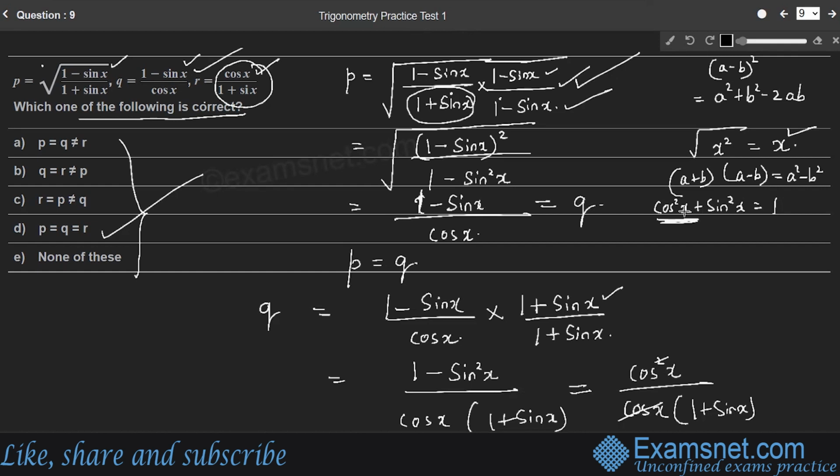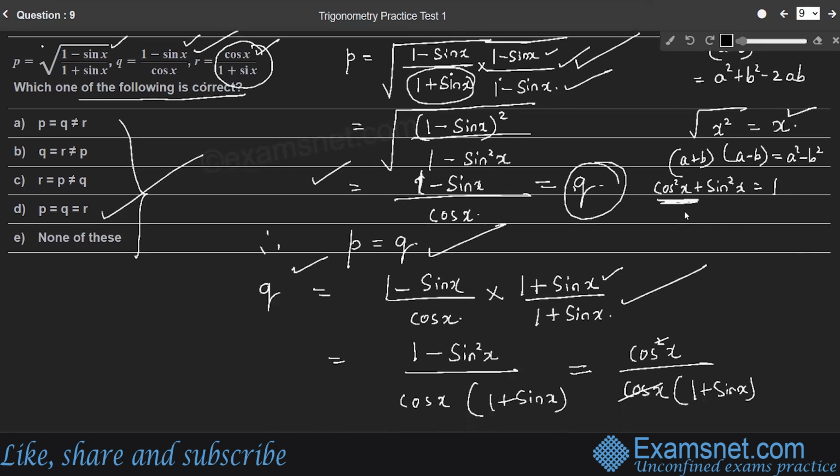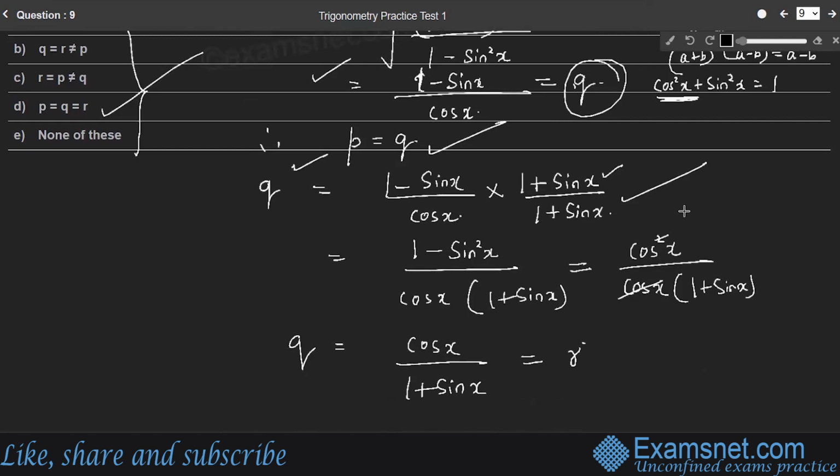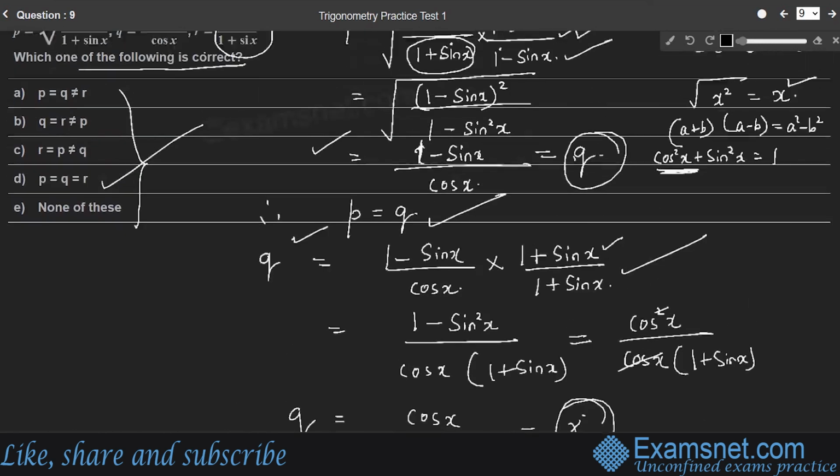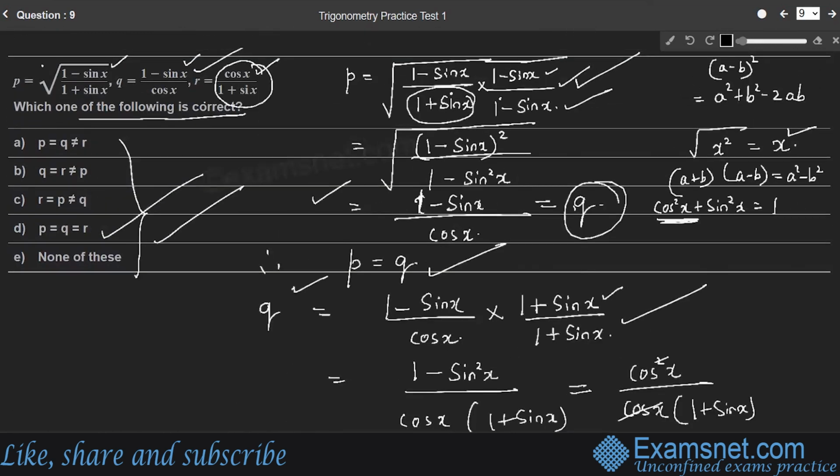The equation becomes (1 - sin x) by cos x is equal to P. According to the question, (1 - sin x) by cos x is Q. Therefore, P is equal to Q. In the next part, we consider the second equation, which is Q is equal to... Again taking the inverse of 1 - sin x, we are converting this into a single term, maybe in terms of cos or sin. Therefore, we have Q as cos x by (1 + sin x), which is nothing but R according to the question. So P is equal to Q is equal to R. Option D is the right answer.